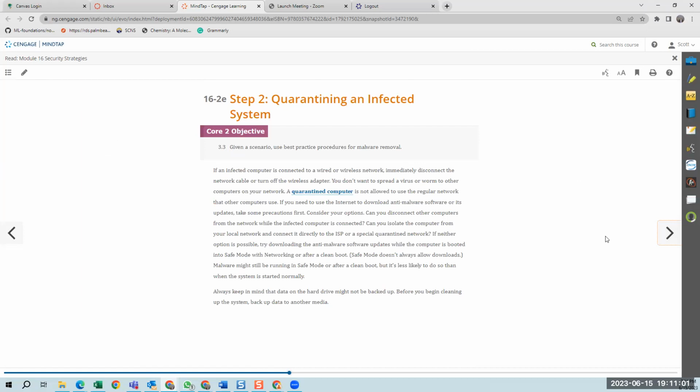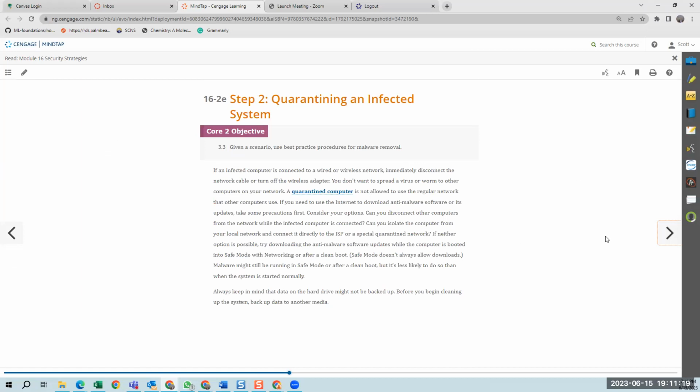Now, if a system is infected, first thing to do is get it off the network, isolate it, see if you can get into it in safe mode or some kind of mode.